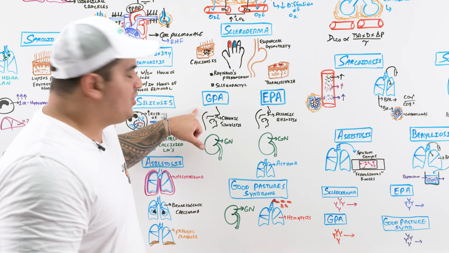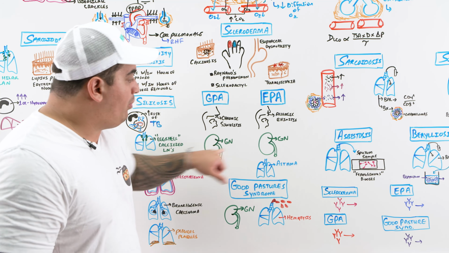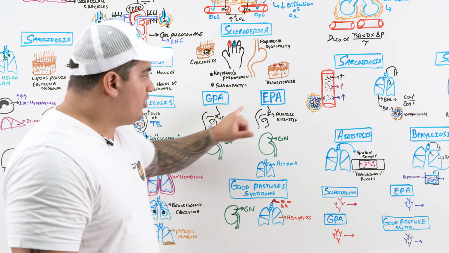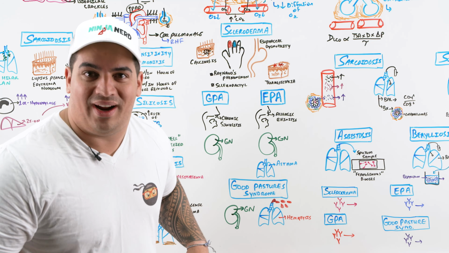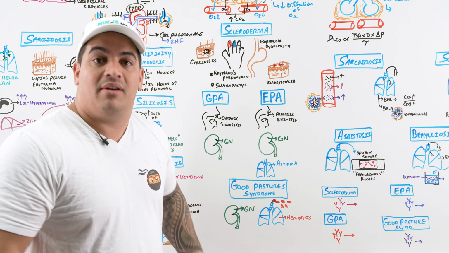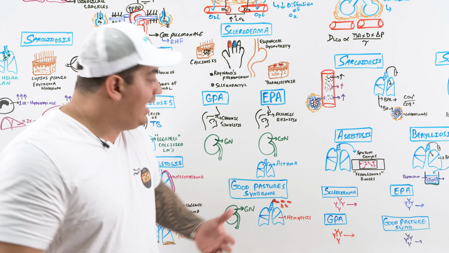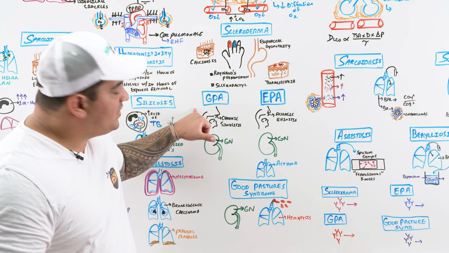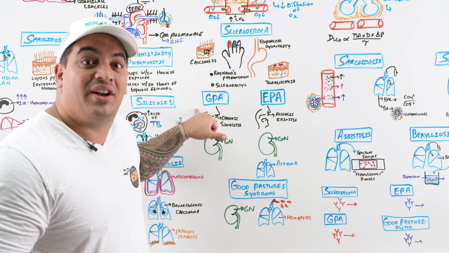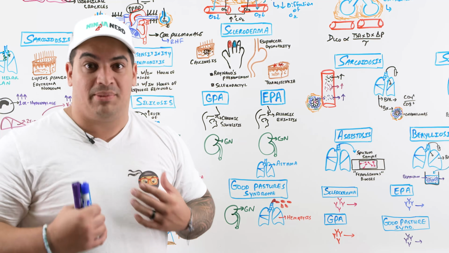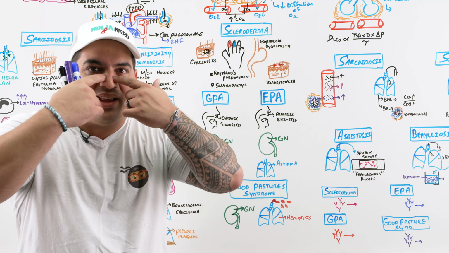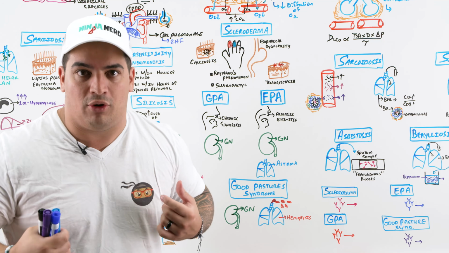One of the big things is that pretty much all of these, granulomatosis, eosinophilic, and Goodpasture's, all present with glomerulonephritis. So they may present with some type of hematuria, proteinuria in that sense. One of the big differences, though, is that when patients have Wegener's or granulomatosis, they present with a chronic rhinosinusitis. So look for that as a potential feature. Sometimes it can even eat away at the tissue at the nose and cause a saddle nose deformity.